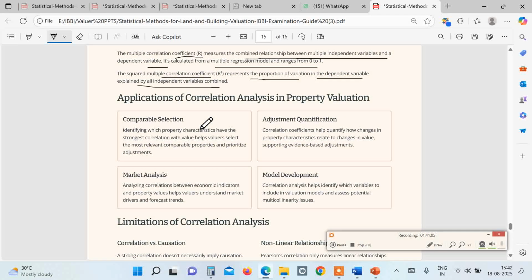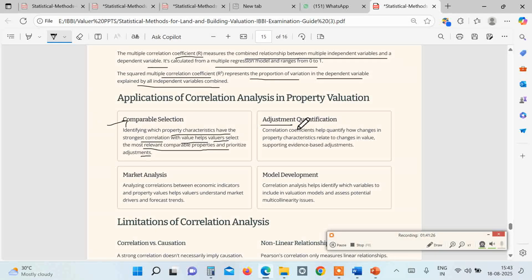Where is this correlation analysis used? It is used for identifying which property characteristics have the strongest correlation with the value, which helps the valuer select the most relevant comparable properties and prioritize adjustments.